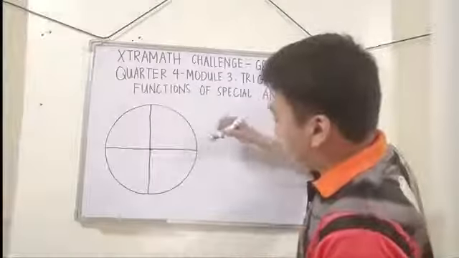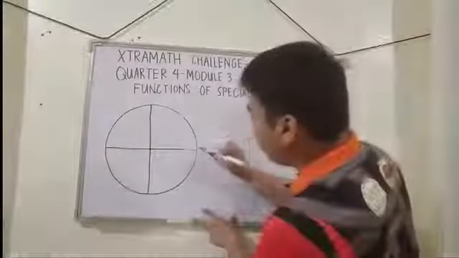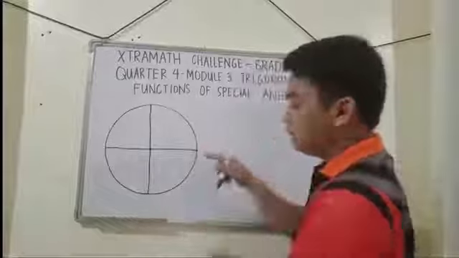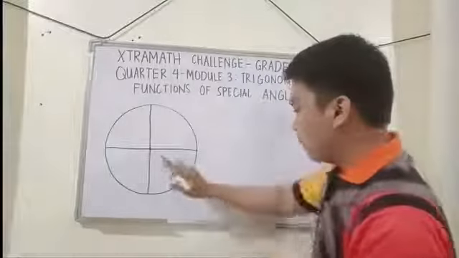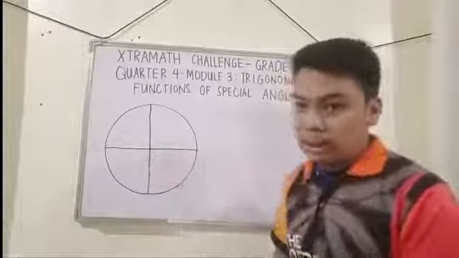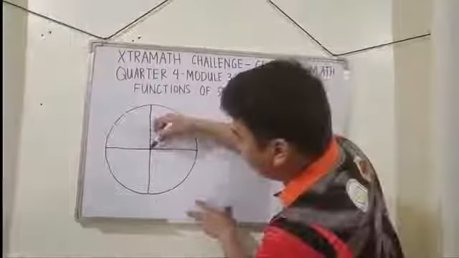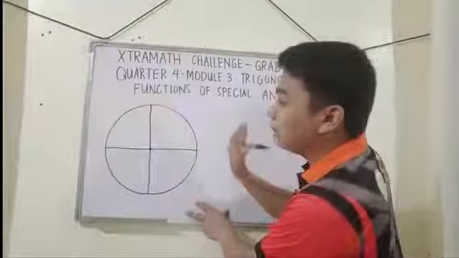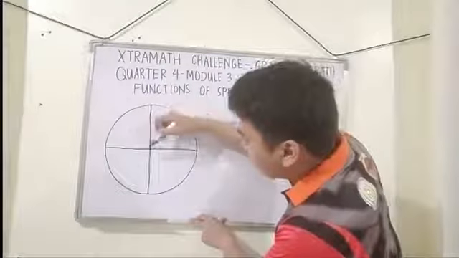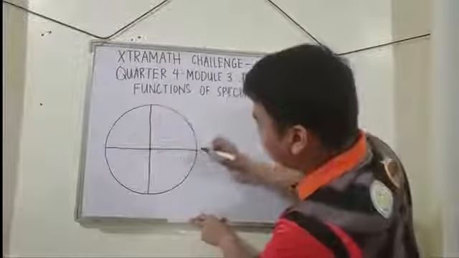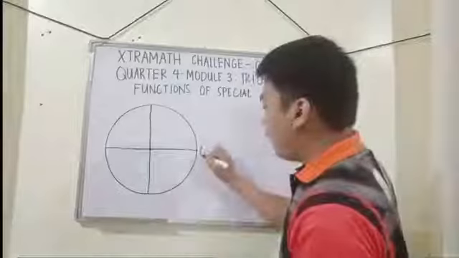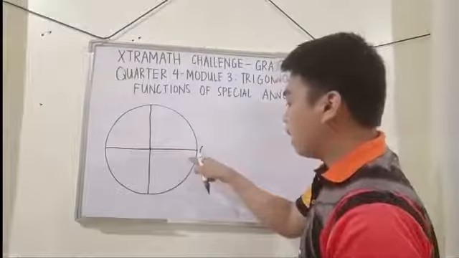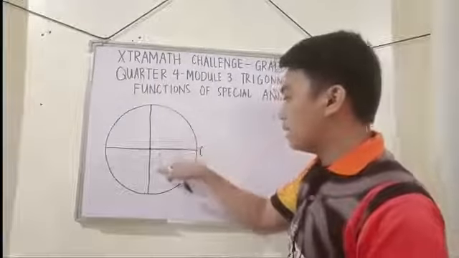First, we are going to find the coordinates of this point. Remember that this is the origin, the center of the circle. The distance between the origin and this point is equal to 1, and this is the x-axis.